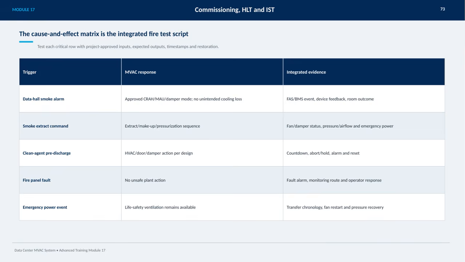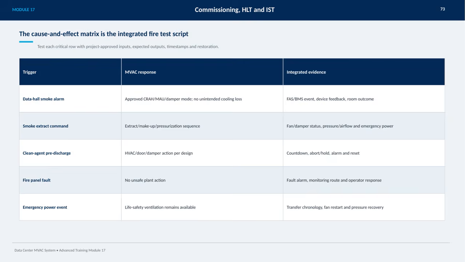Similarly, commands like smoke extraction activate the proper sequences for extract, makeup, and pressurization, with continuous monitoring of fan and damper statuses, airflow, and emergency power. The pre-discharge of clean agents is carefully checked to confirm that HVAC components, doors, and dampers operate as designed, including countdowns, abort or hold functions, alarms, and resets.